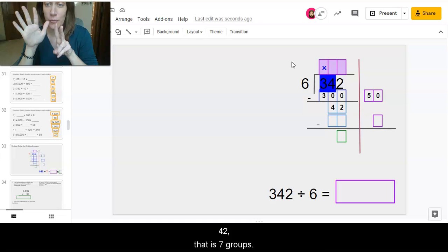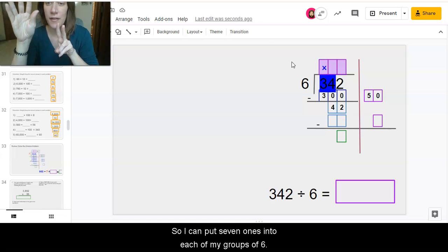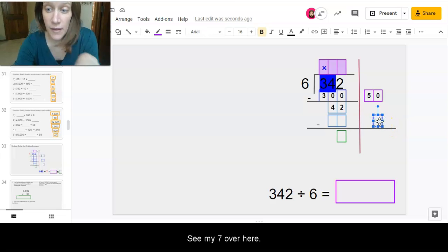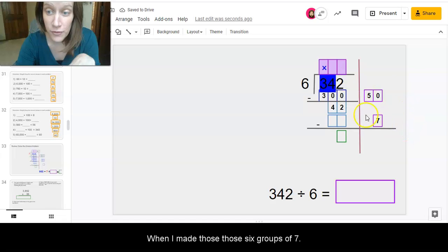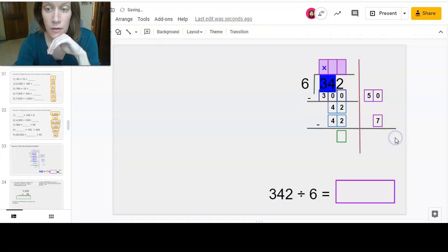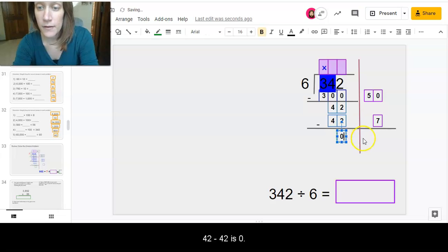That is 7 groups. So I can put 7 ones into each of my groups of 6. Putting my 7 over here. When I made those 6 groups of 7, I used up 42 of our dividend. 42 minus 42 is 0.